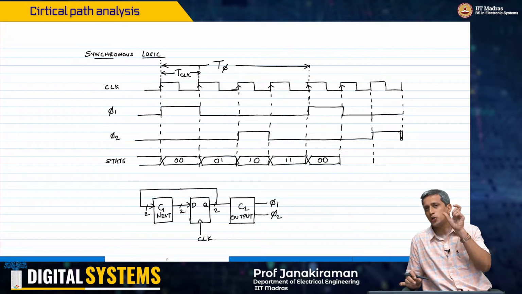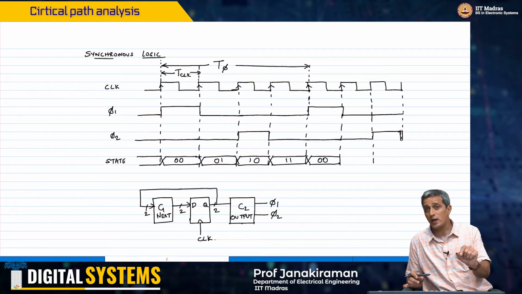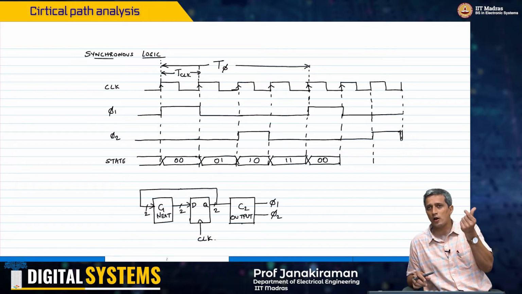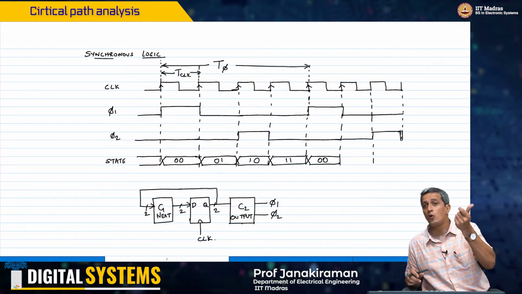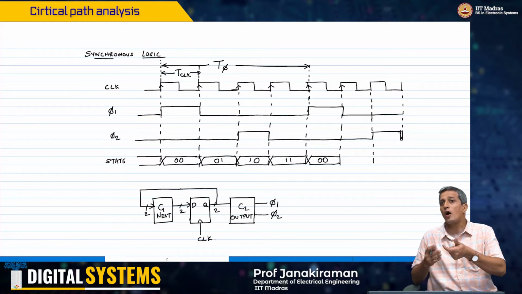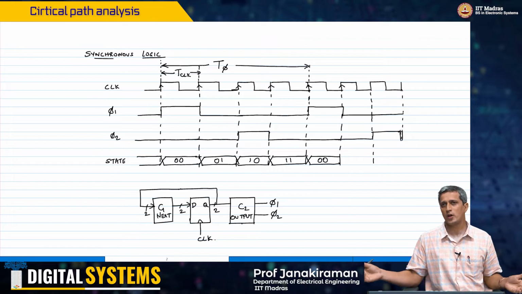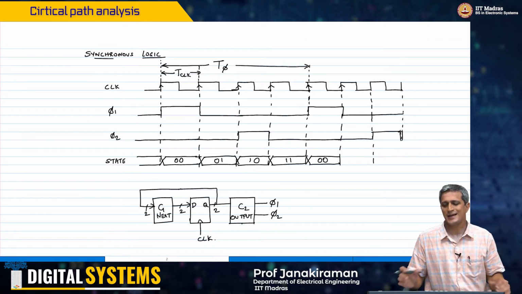On the other hand, the duty cycle of phi 1 and phi 2 is actually 25%, because phi 1 or phi 2 is on only for one clock period and off for 3 of them, right. So the on time by the total period is what we are calling the duty cycle. But it doesn't matter, right?